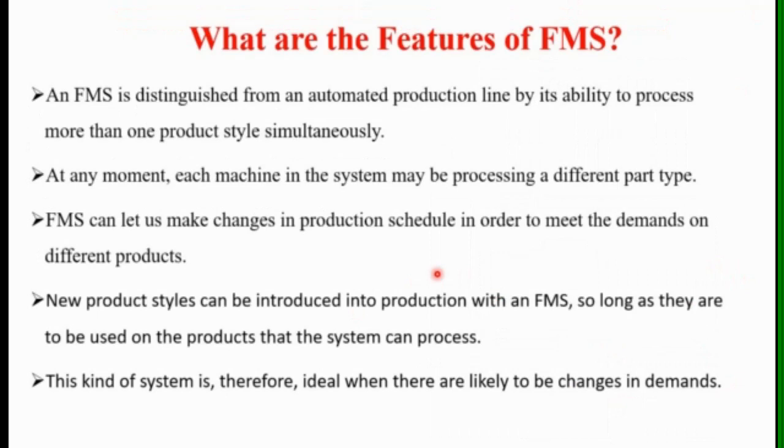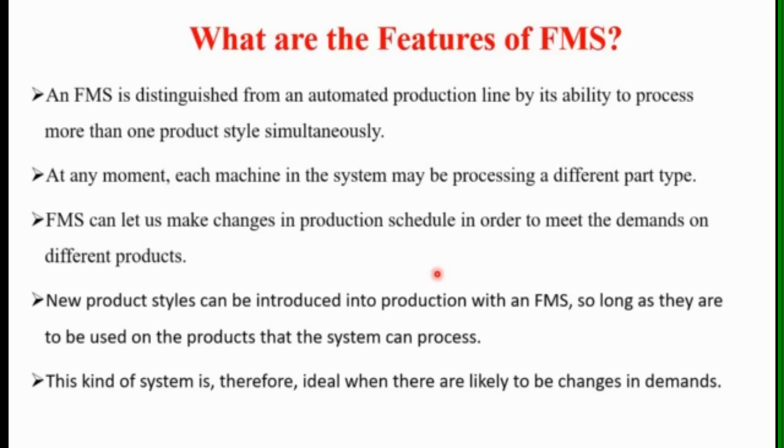This flexible manufacturing system is distinguished from an automated production line by its ability to process more than one product style simultaneously. It is controlled by computer and is fully automated, so a number of products can be produced simultaneously on a number of machines, on different layouts.